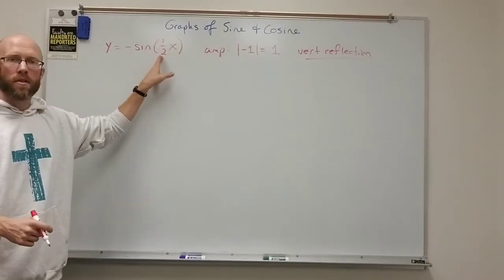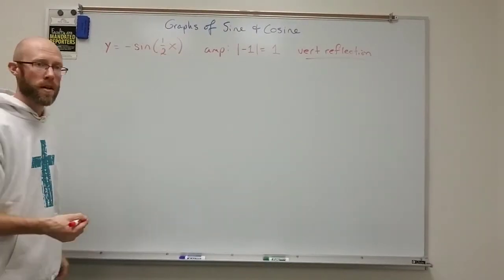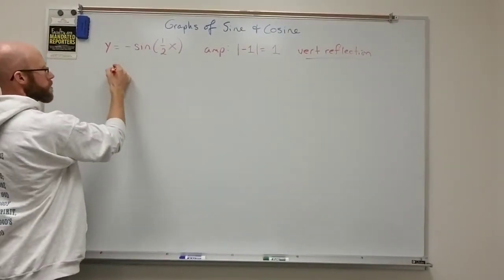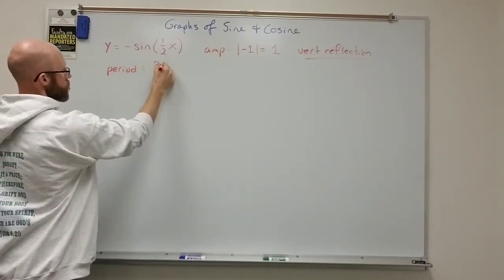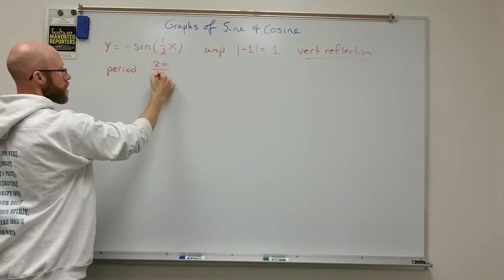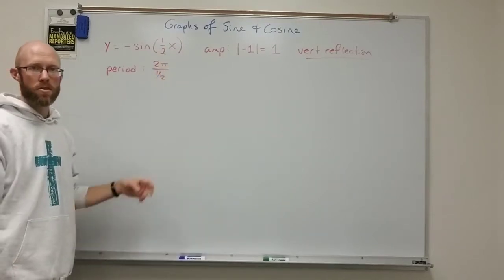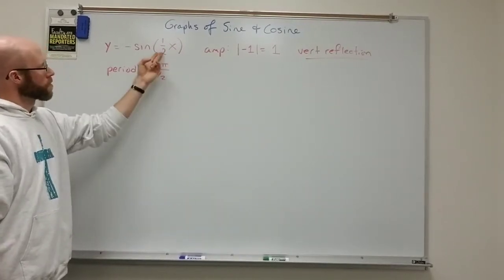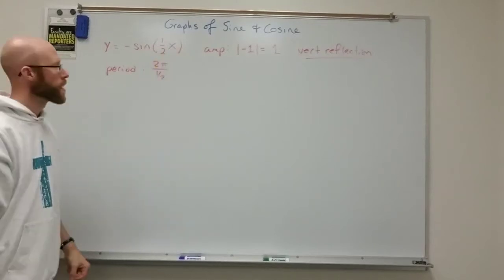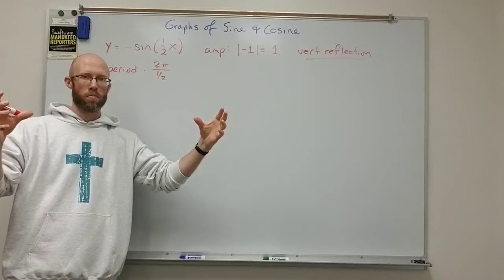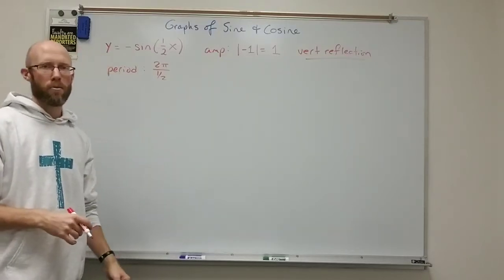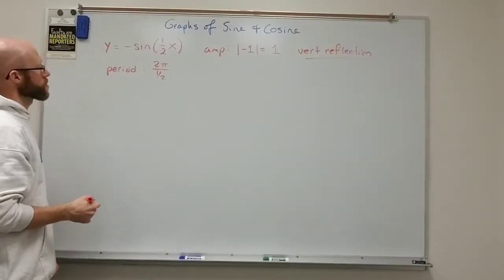The 1/2, again, is going to determine our period. If I want to choose that formula, we said the period is 2 pi over b, which is 1/2 in this case, with the bx on the inside. I could do my inequalities from 0 to 2 pi and then divide out, but this is just a little bit faster.